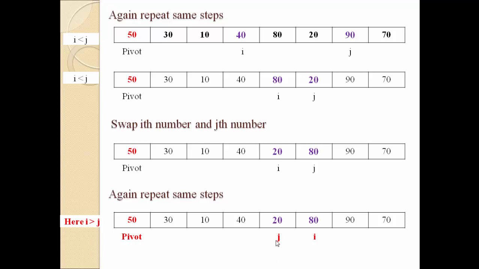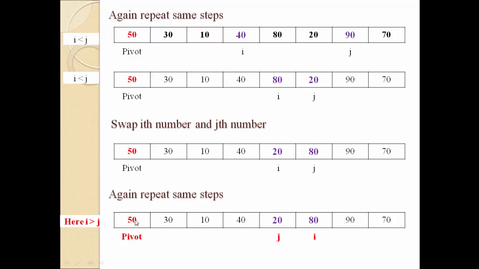When the value of i crosses the value of j, or we can say when the value of i is greater than j, at that time we have to swap the pivot element with the jth value, the value on index j. Right? So the value on index j is equal to 20 and the pivot element is 50, so we have to swap the pivot with the jth element.